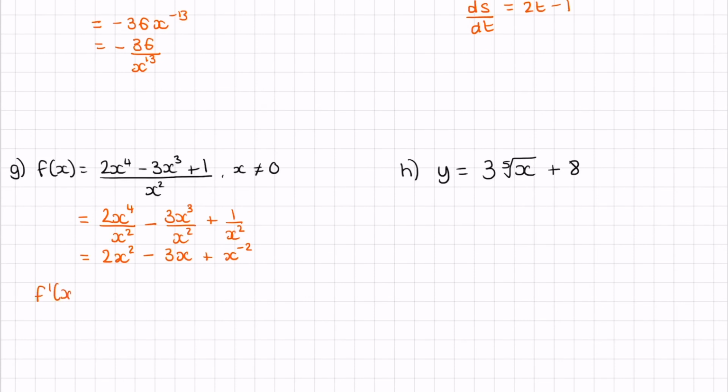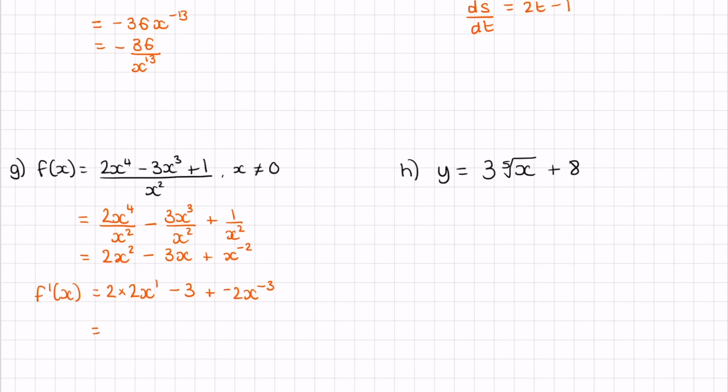So f dash x will equal the 2 stays, times by, bring the 2 down, x minus 1 from the power, 3x. Remember, if we have a single x, we just drop the x, so we'll end up with minus 3. And then we're going to bring here the minus 2 down and minus 1 from the power, so it would be minus 2x to the power of minus 3.